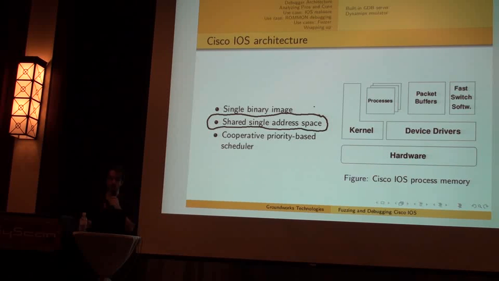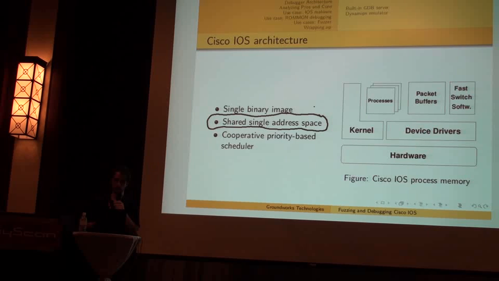Basically, if you crash a Cisco device, it will probably reboot. It's not like Windows, where you can crash individual processes and Windows will not come down completely, but sometimes it does. Linux, for example, is pretty resilient. In Linux every process is isolated, not so much in Cisco iOS.